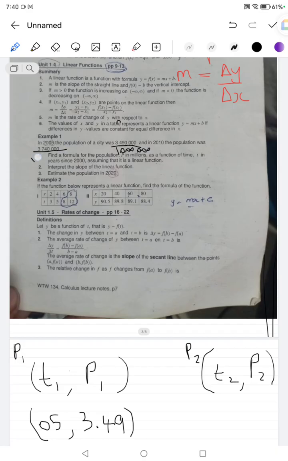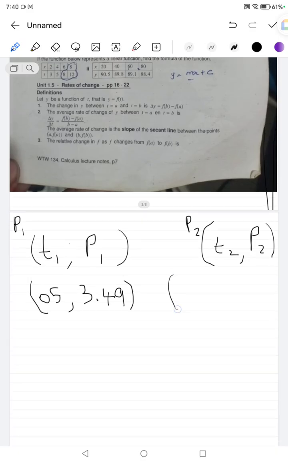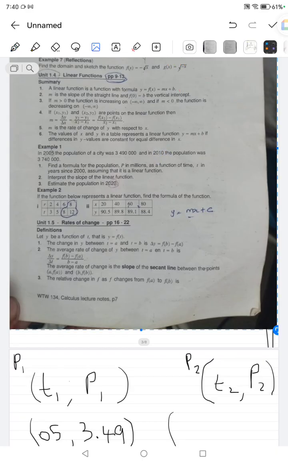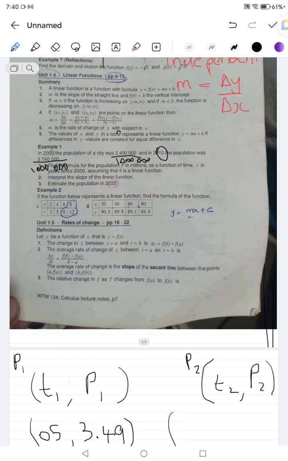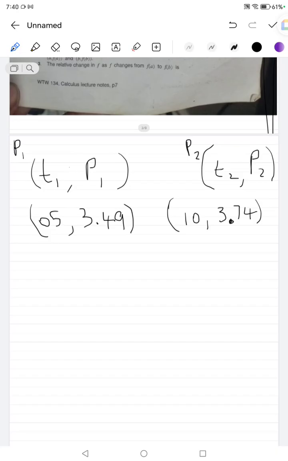Even here you do the same thing, you get your population in millions. So this side, point 2, we have 2010, we're just going to take the 10 and the 3.74 on the other side. So now we have the 10, then the 3.74.